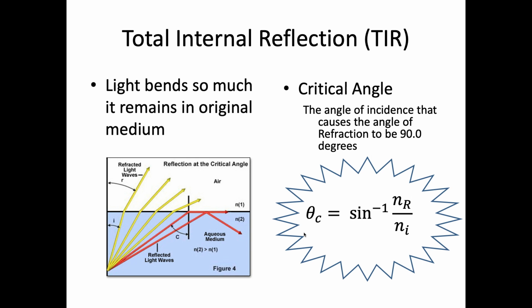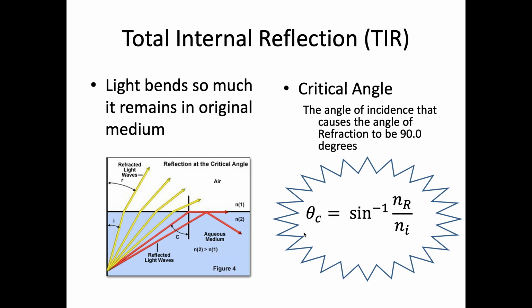That's when the light is bending away from the normal line. So it happens when you're trying to leave water, but not when you're trying to leave air. So you have a practice problem with this.